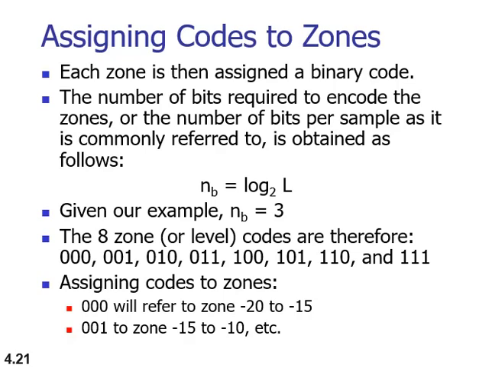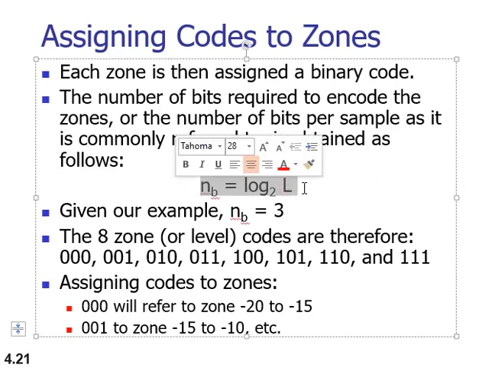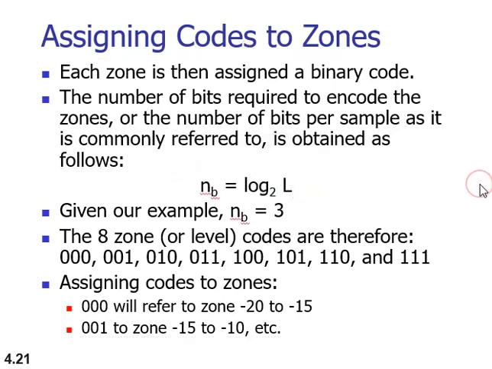The number of bits required to encode the zones, or the number of bits per sample as it is commonly referred to, is obtained by calculating log to the base 2 of the number of levels you are taking. In our example, we have 8 quantization levels.